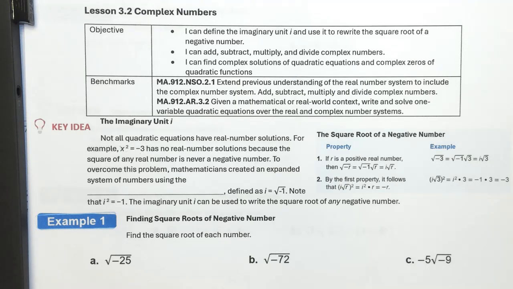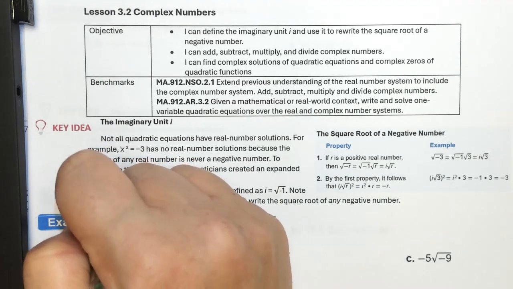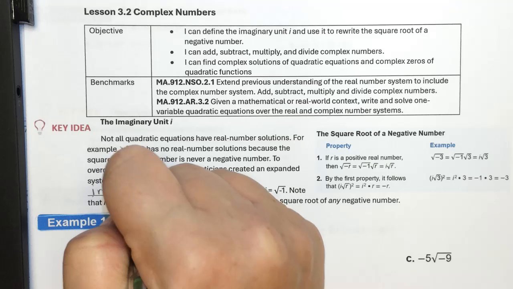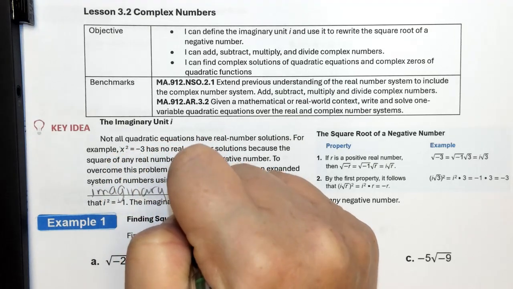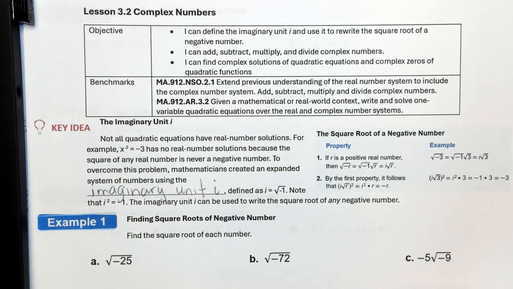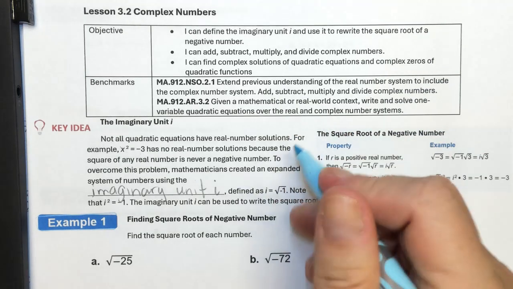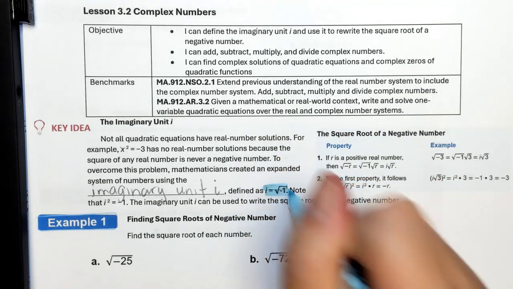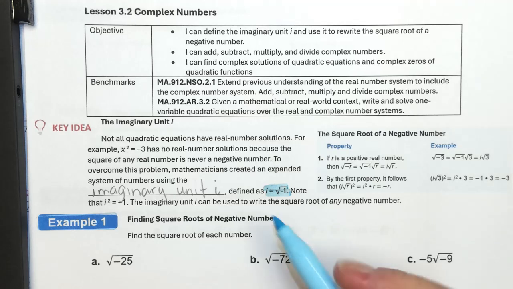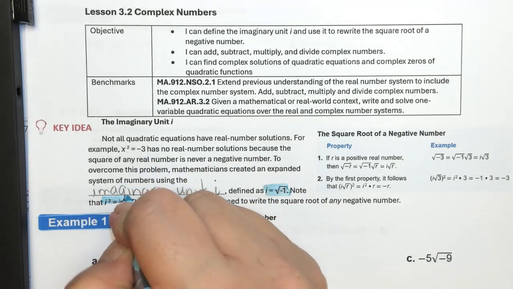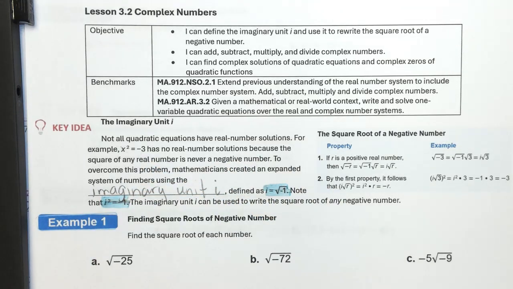To overcome this problem, mathematicians created an expanded system of numbers using the imaginary unit i. It is defined as i equal to the square root of -1. Note that i squared equals -1. The imaginary unit i can be used to write the square root of any negative number.